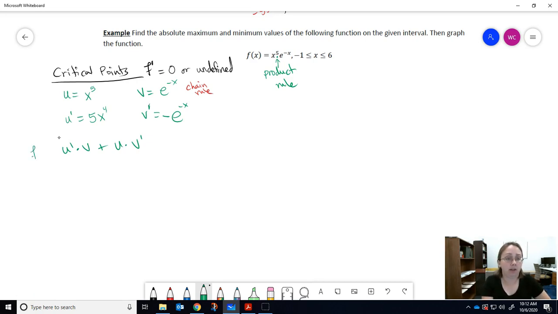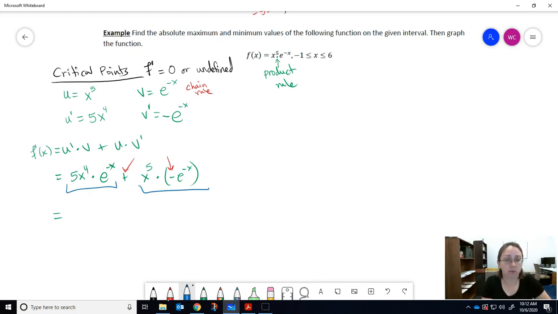Plug it in. So f prime of x is equal to 5x to the 4th times e to the negative x plus x to the 5th times negative e to the negative x. All right. Well, we can combine these signs together because they're multiplying. So we have a negative in the middle.